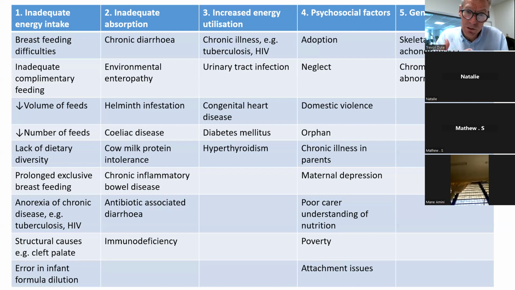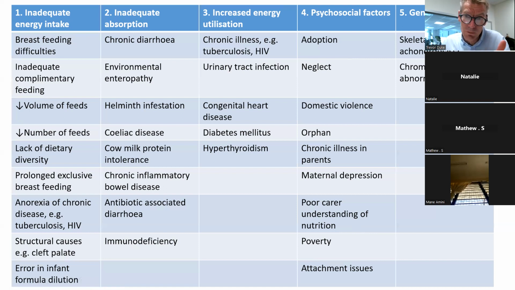A lot of psychosocial factors really need to be understood if you're going to understand this child's failure to thrive. The parents may have a poor understanding of nutrition, or they may just live in abject poverty. A lot of reasons why a child might be failing to thrive.